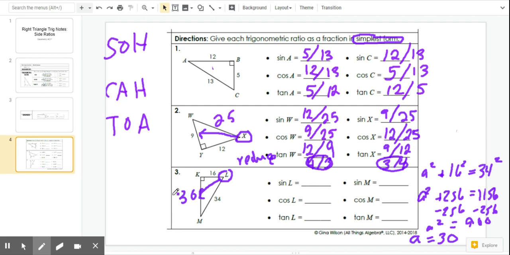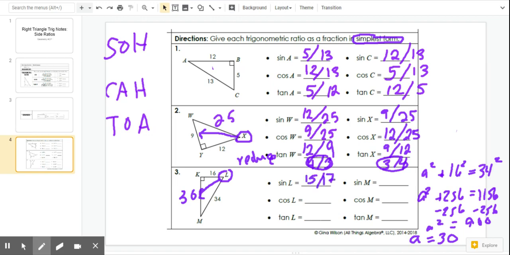So sine of L, we're doing opposite over hypotenuse, so it's 30 over the hypotenuse, which is 34. And that we can reduce. We can reduce it by 2. And we get 15 over 17.